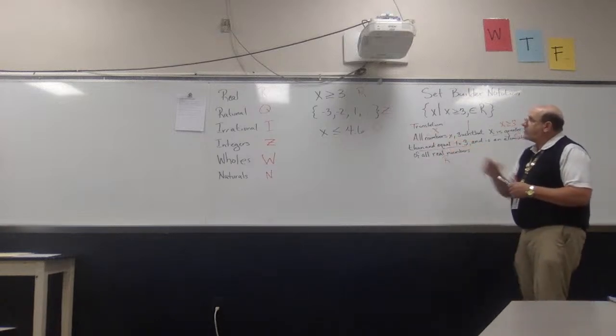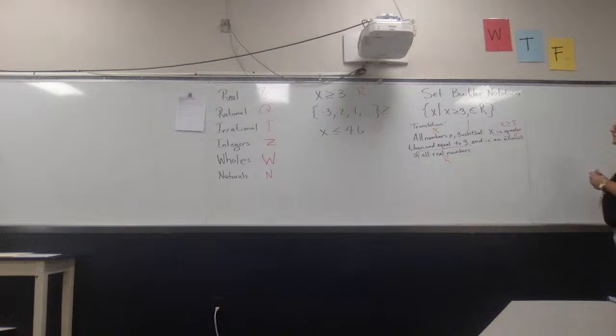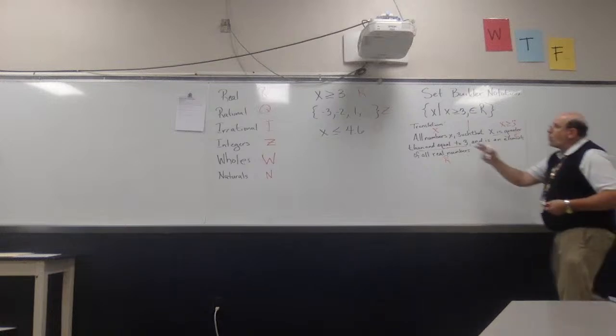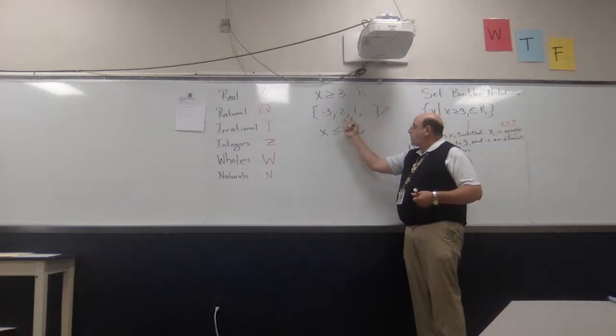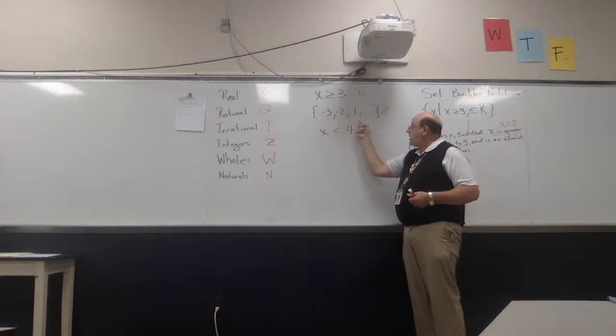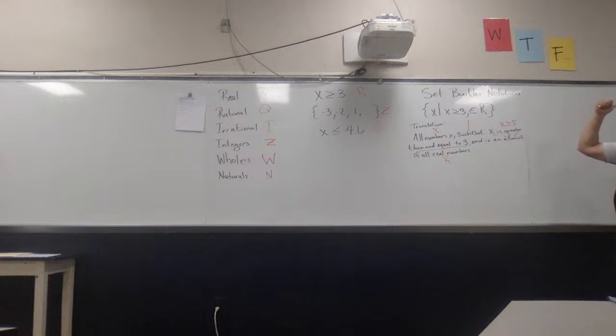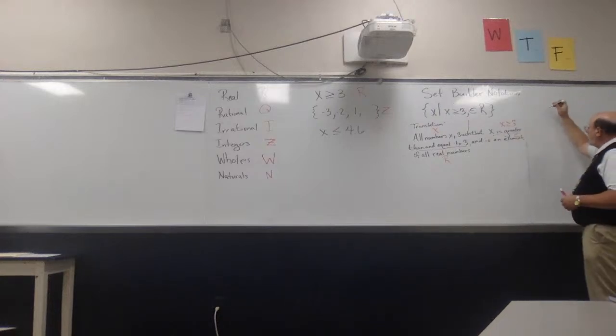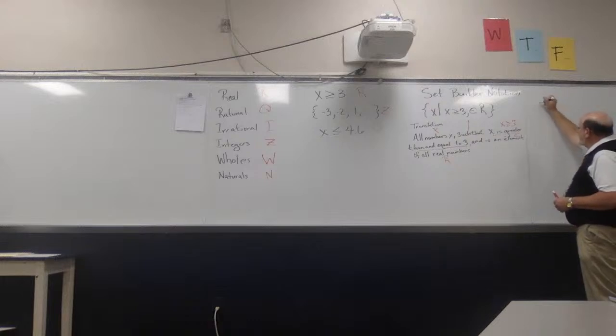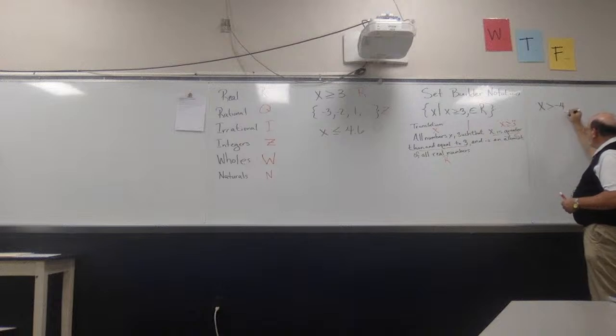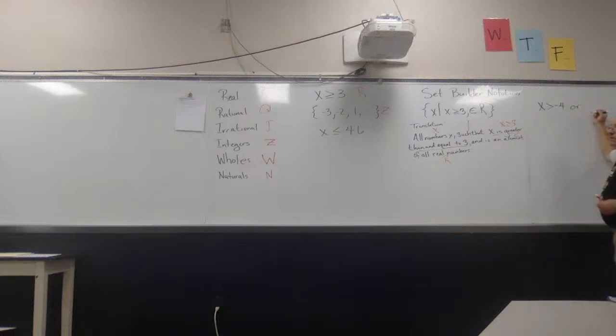So let's take this second example. What kind of inequality could I show for this set? It's going positive, right? So it's everything greater than -4, -3. All right, so I could say x is greater than -4, or x is greater than or equal to -3.